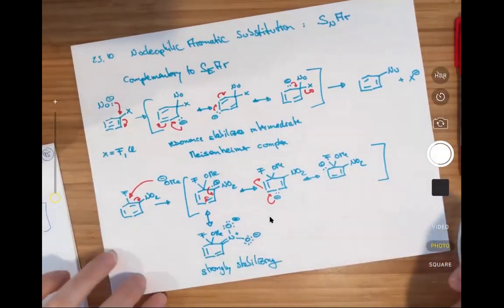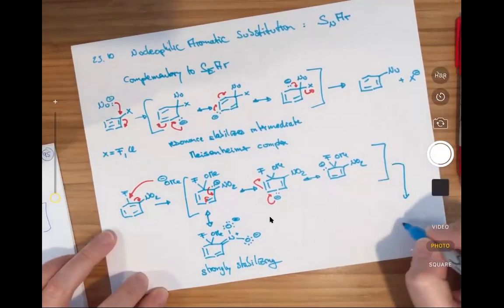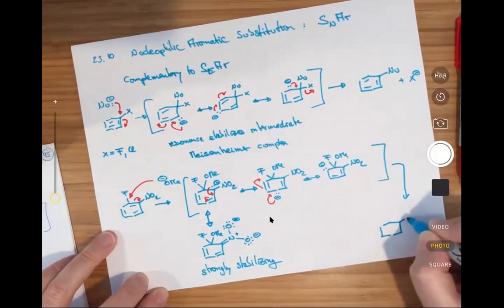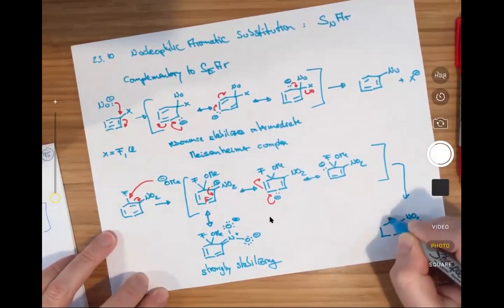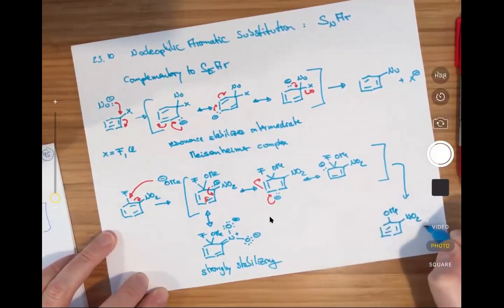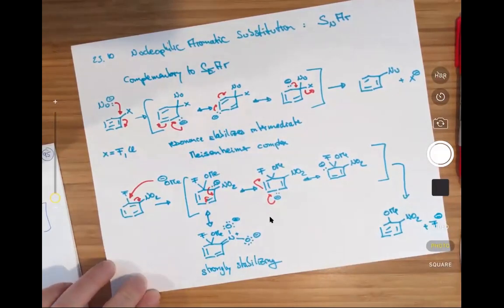Now, the product of this, of course, let's maybe draw it out like this, is again our substitution of the fluoride plus F minus over here, right?